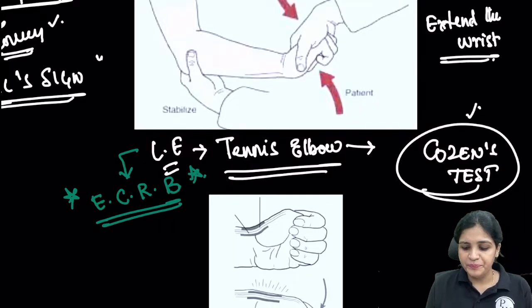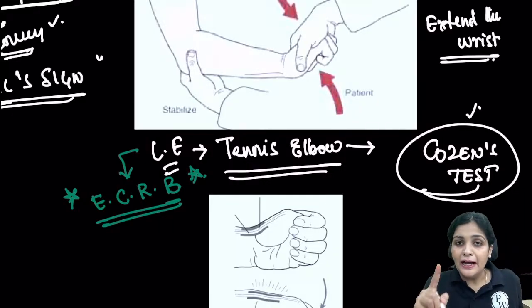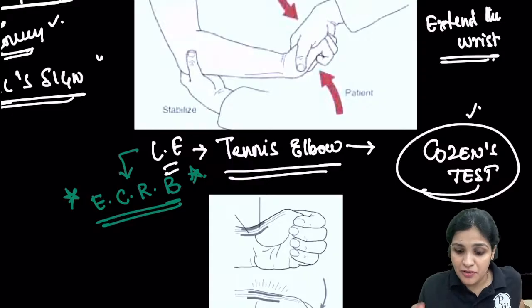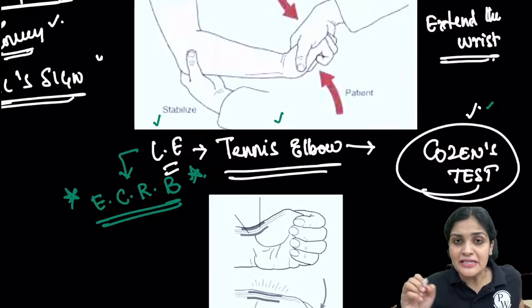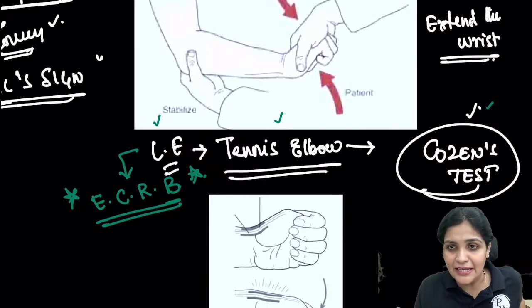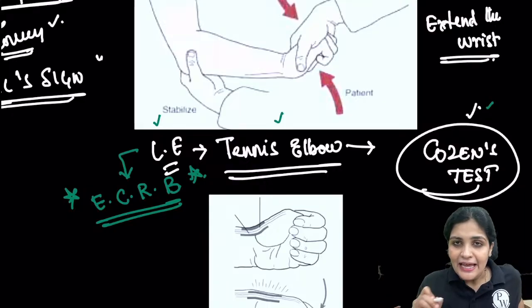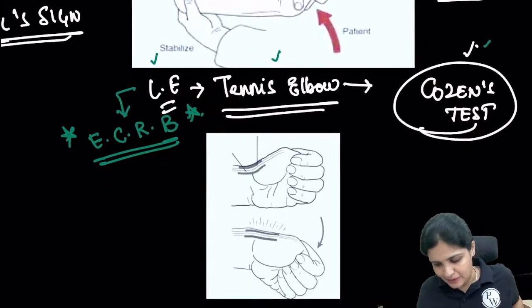You have to remember this because this could be a potential question. They can ask which of the following muscles is mostly involved in tennis elbow. The answer is extensor carpi radialis brevis.